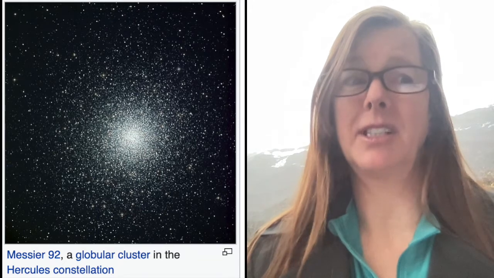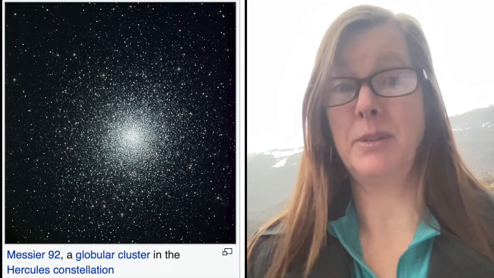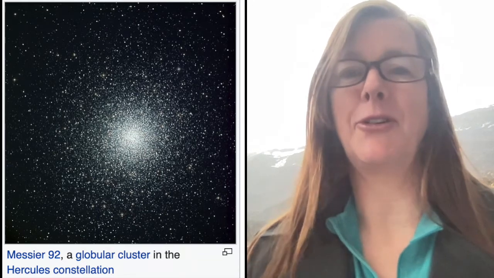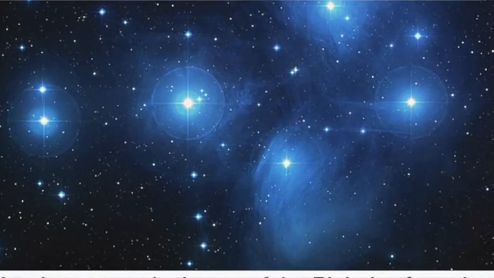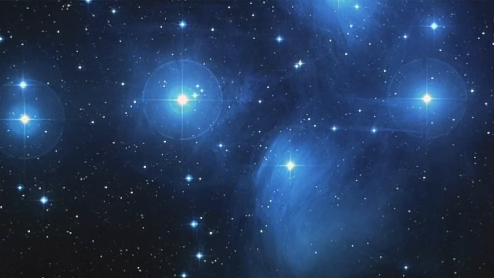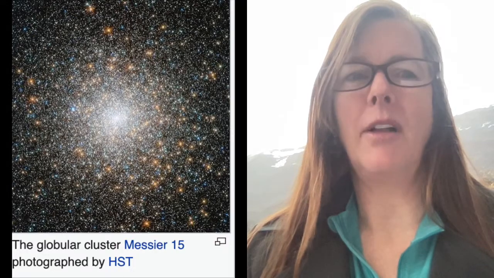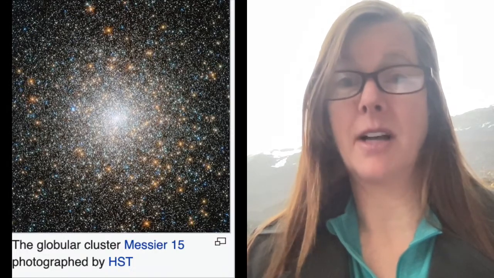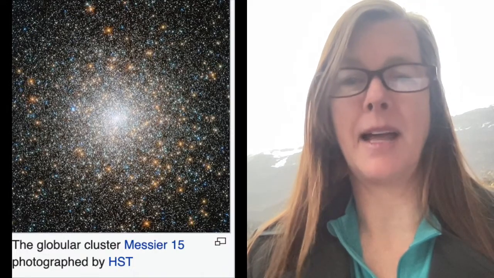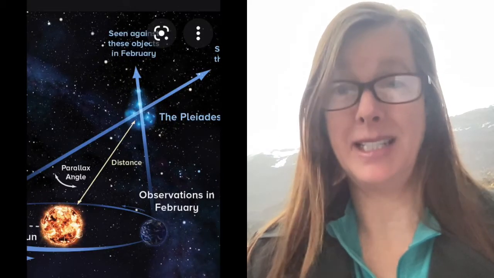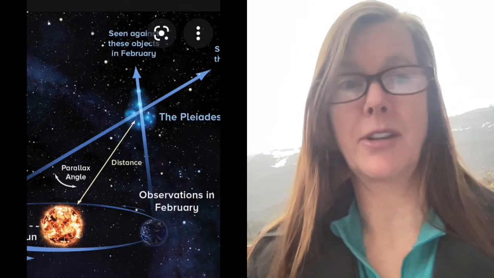Now, instead of just a town photo shoot, imagine the Hubble telescope zooming in to photograph a star cluster. The beauty of star clusters, like the Pleiades, is that all of the stars within this concentrated group were formed at the same time and are relatively the same distance from an observer on Earth.